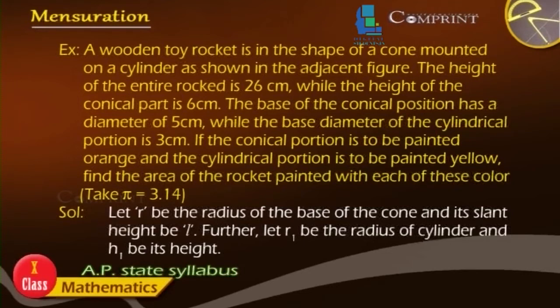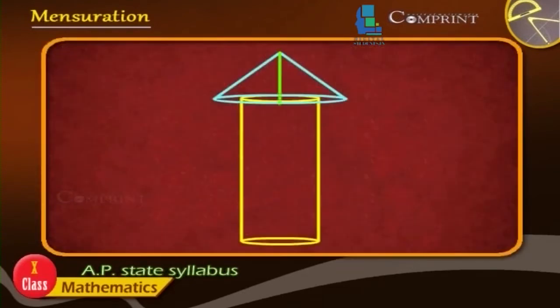The base of the conical portion has a diameter of 5 centimeters while the base diameter of the cylindrical portion is 3 centimeters. If the conical portion is to be painted orange and the cylindrical portion is to be painted yellow, find the area of the rocket painted with each of these colors. Take pi equal to 3.14.